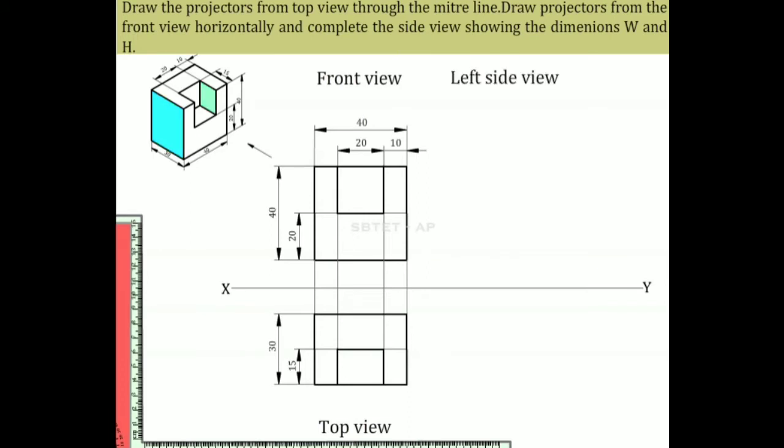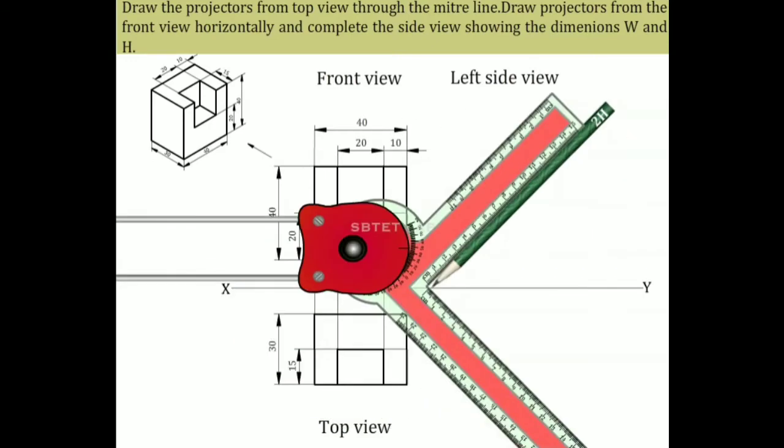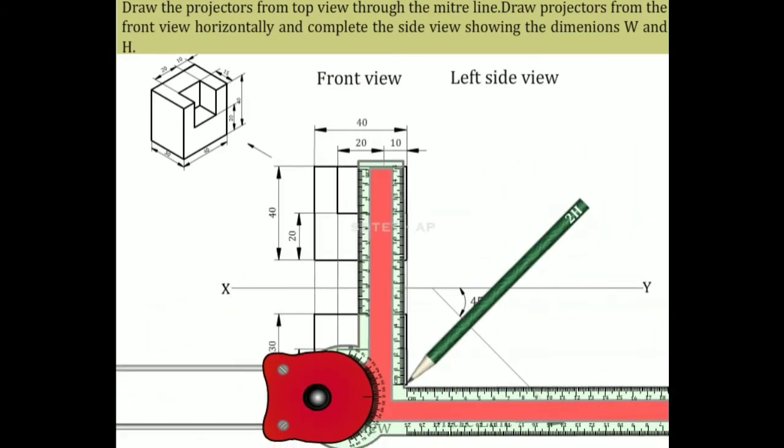Now to draw the side view, draw the miter line and projectors from the top view through the miter line.